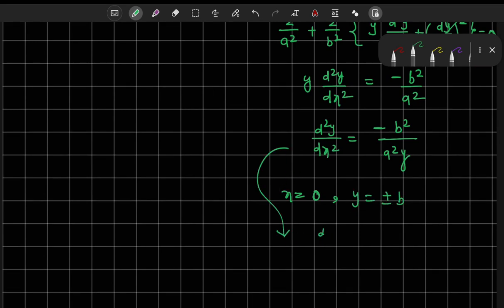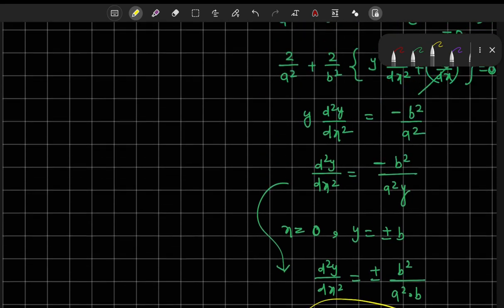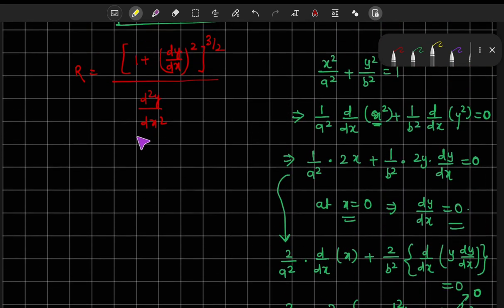So we will get d square y upon dx square is equal to plus minus b square upon a square into b. So we will get d square y upon dx square is equal to plus minus b upon a square.